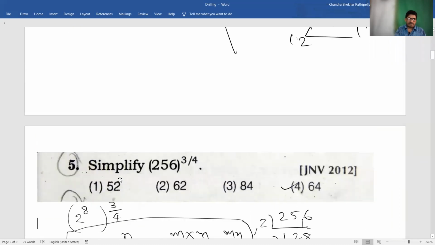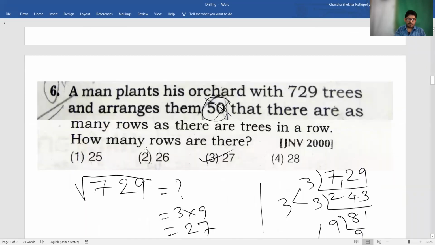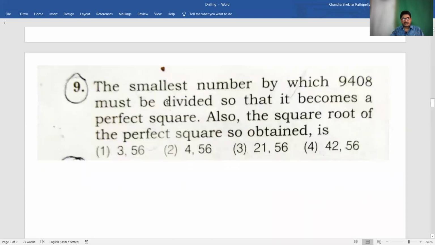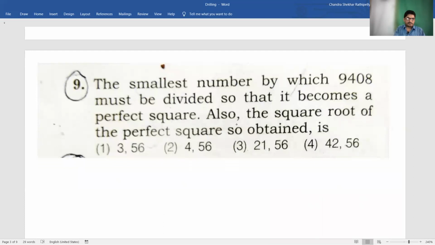This is chapter 7, practice exercise, question number 9. The smallest number by which 9,408 must be divided so that it becomes a perfect square, and also the square root of the perfect square so obtained.